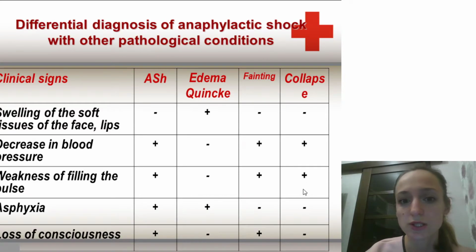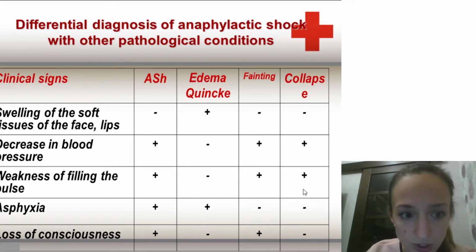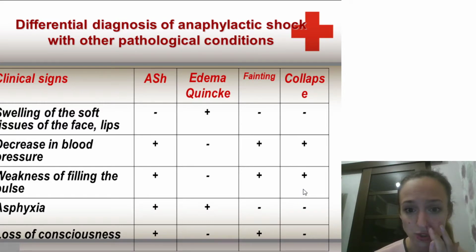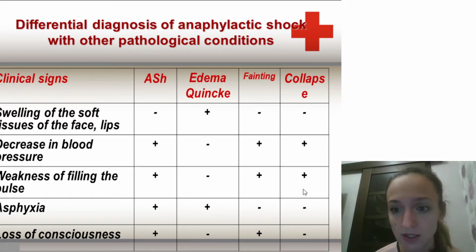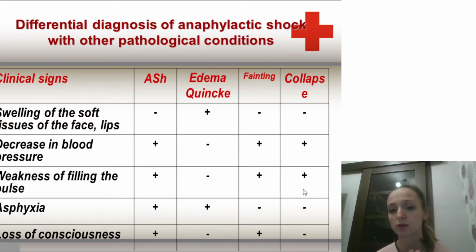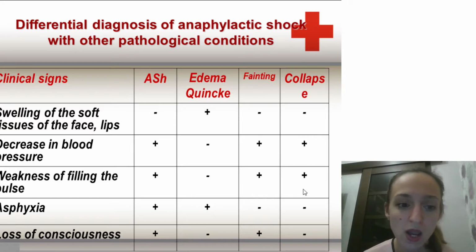Differential diagnosis of anaphylaxis with other pathological conditions. First the clinical signs, and then the differences among shock, Quincke's edema, fainting, and collapse. Swelling of the soft tissues of the face and lips is a plus only when the patient has Quincke's edema.